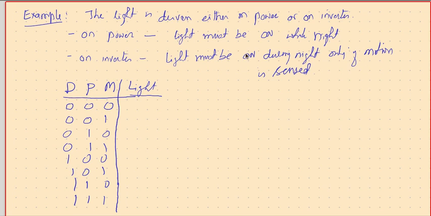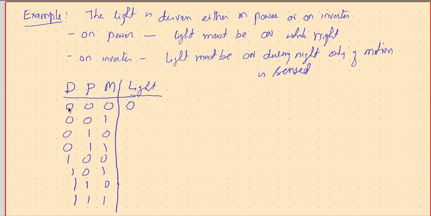Now we will look at what would happen for each combination. The first combination says it is night. Good, so we can think of switching on the light. But the power says it is not there, so there is no power. That means we are on inverter, and hence, if there is no motion, the light should not be on.